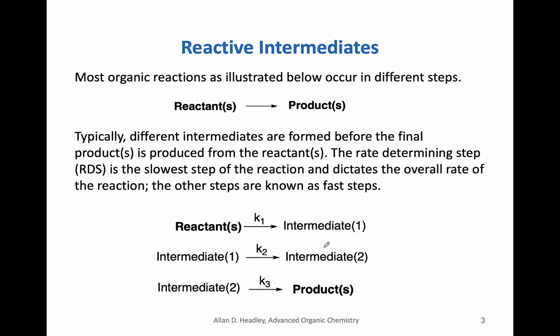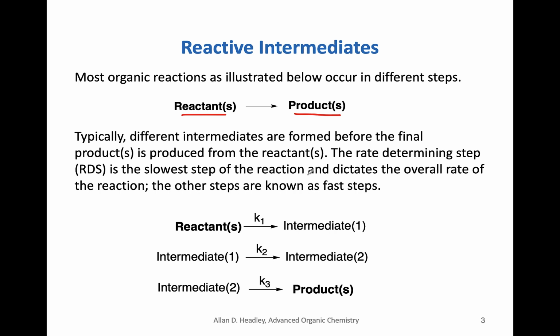But let's look more now at reactions that occur in which intermediates are formed. So let's look at this general reaction. Reactants going to products. Typically, intermediates are formed as the reactants are transformed into the products.